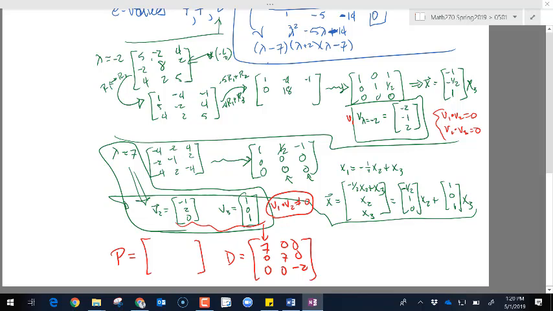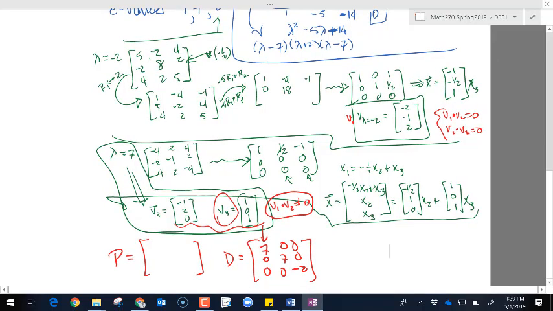I'll pick this as my U1, and then project V2 onto it. So U1 is equal to 1, 0, 1, and U2 is going to be V2 minus V2 dotted with U1 divided by U1 dotted with U1.